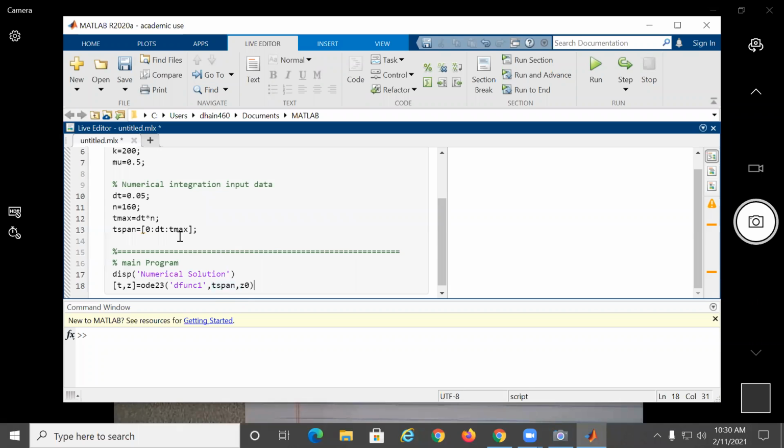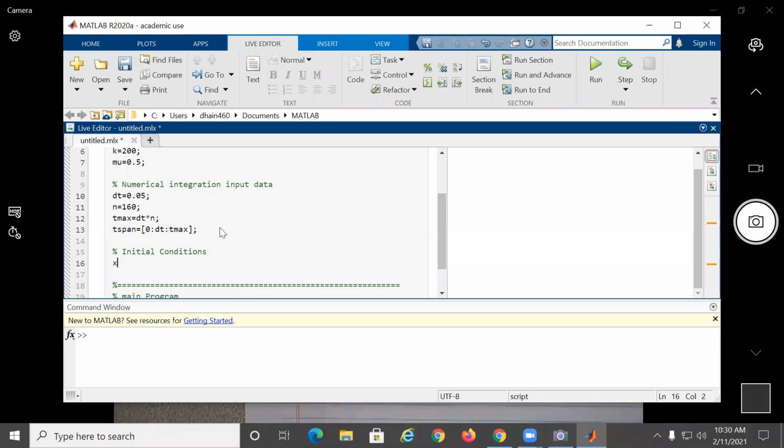Which is important. So, in numerical integration, hold on one second, go back over here and put the initial conditions of your solution.